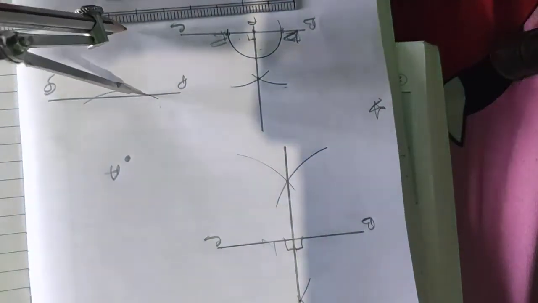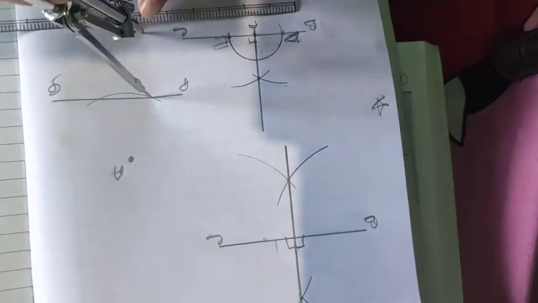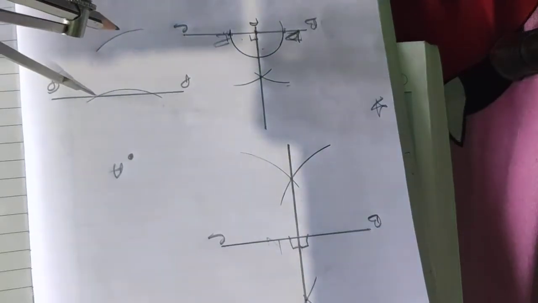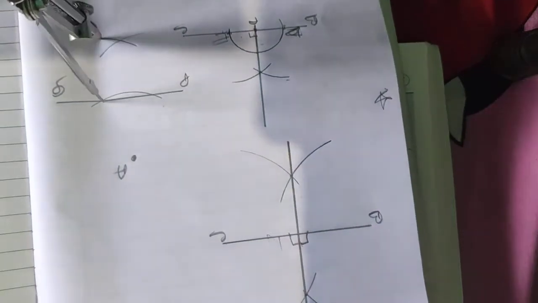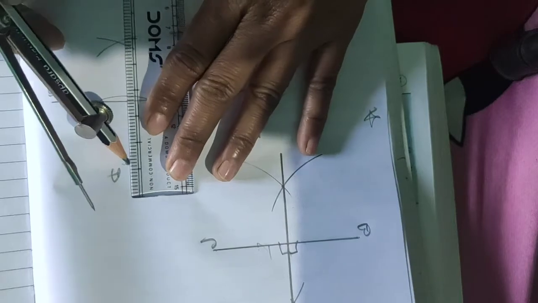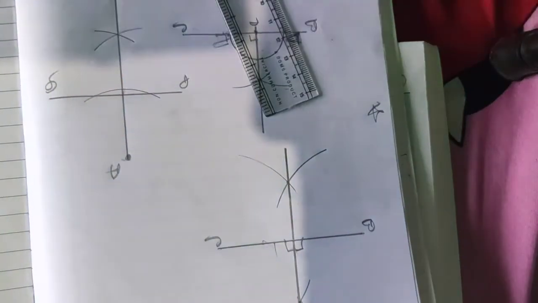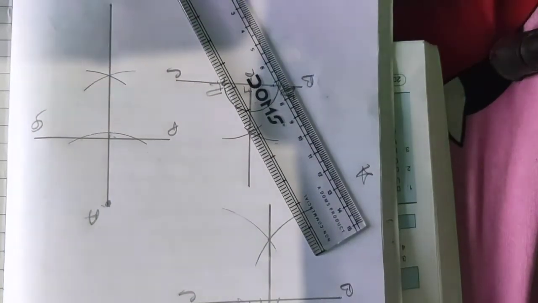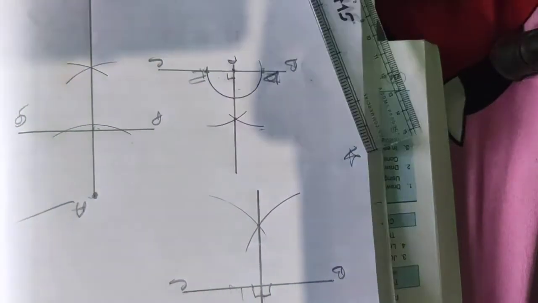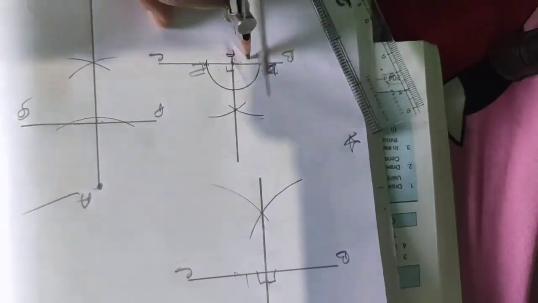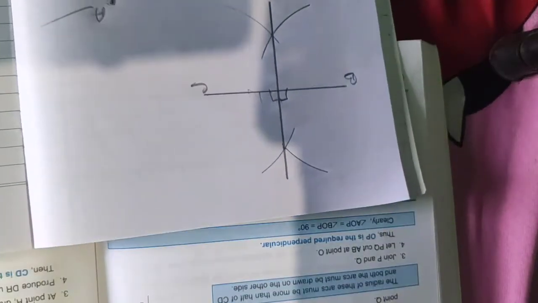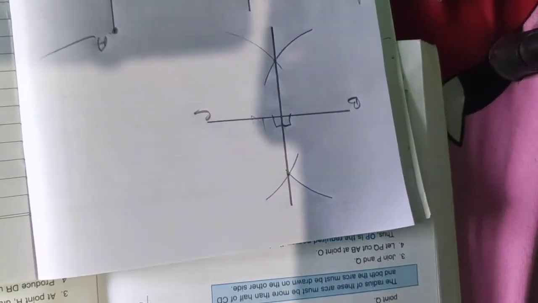Where it cuts, draw another arc here, and from this center another arc here. Now join here to here. Now see here, this is also 90 degrees. So for an outside point also, as for a point on the line segment, in this manner you can do it. 18B.